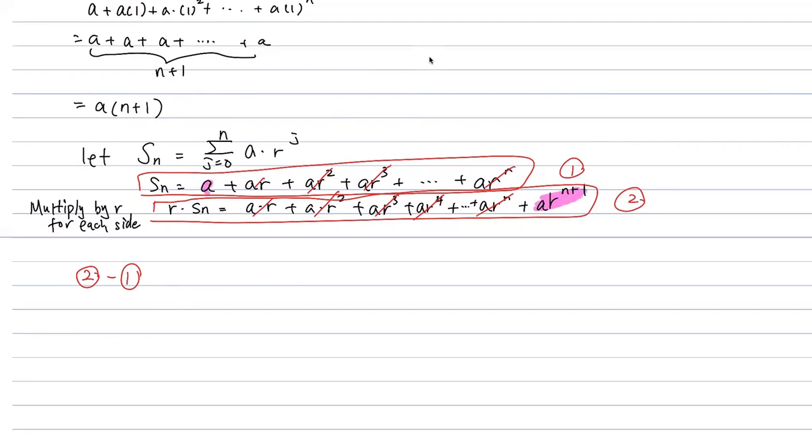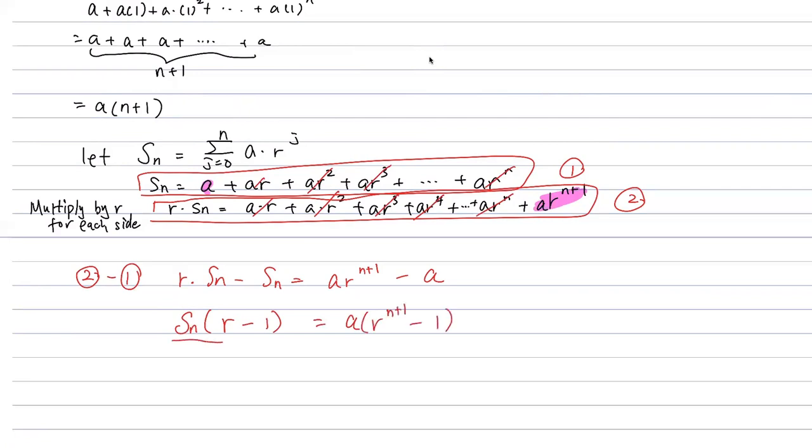and then a for my right hand side. So I will have r times s of n minus s of n equals ar to the n plus 1 minus a. I'm going to factor out s of n here, and I will have s of n times r minus 1 equal to a times r to the n plus 1 minus 1.